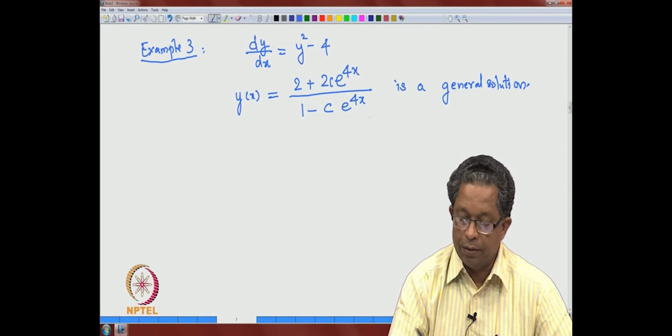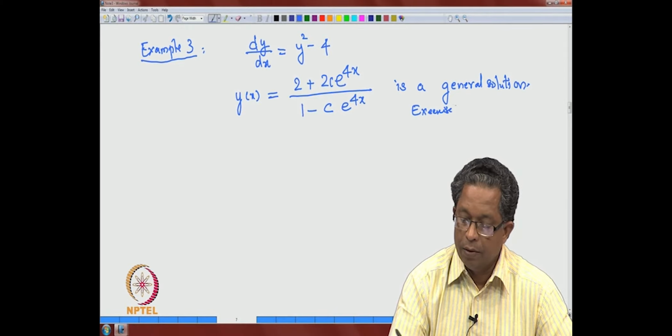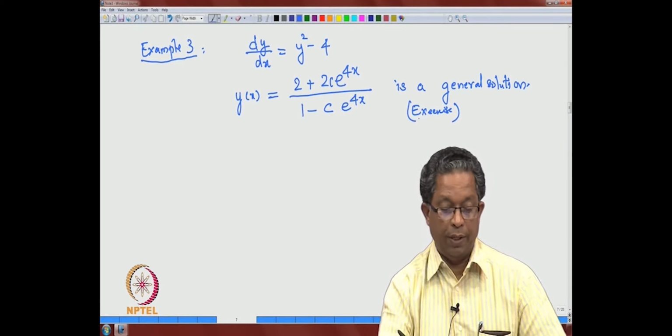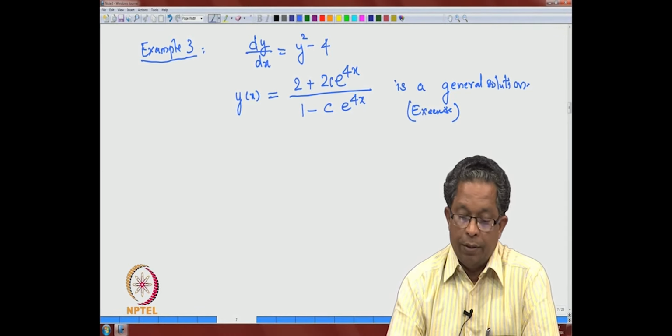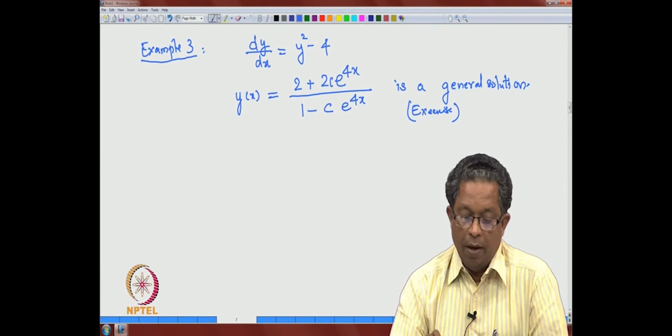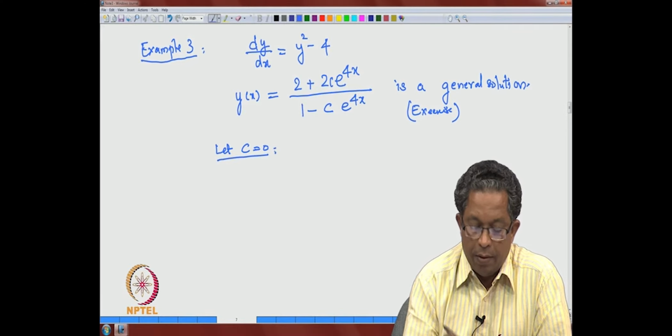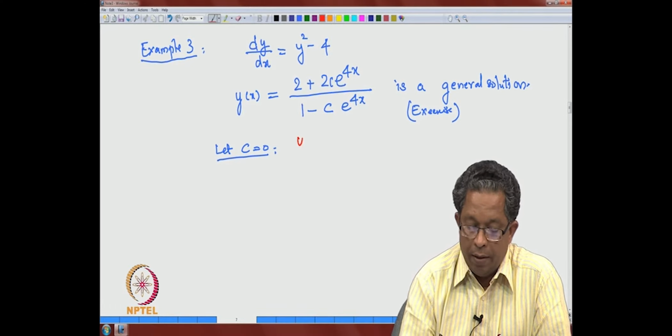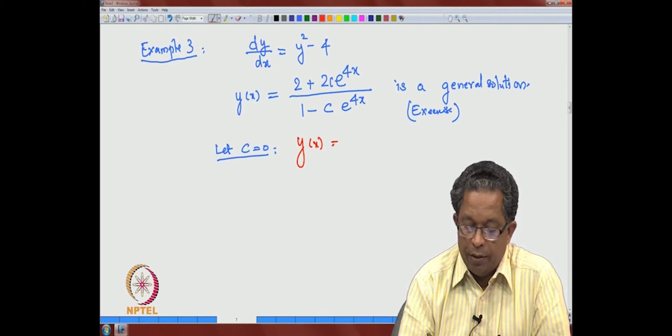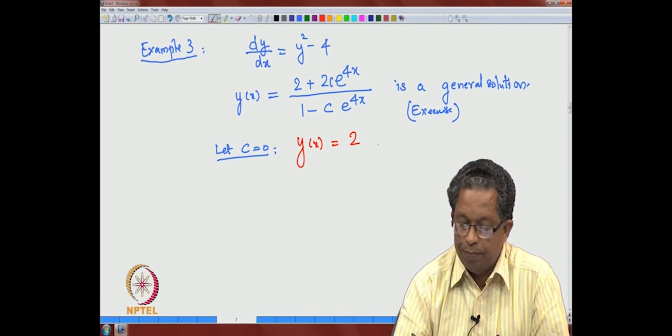I leave this as an exercise to show that y is a general solution. And once you specialize, say when c is equal to 0, then we obtain y is equal to 2 is a particular solution.